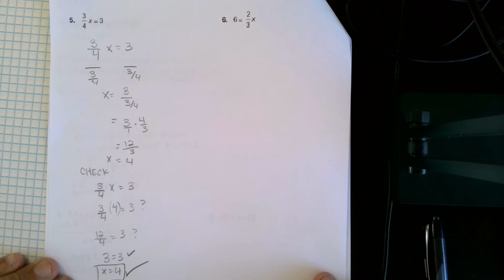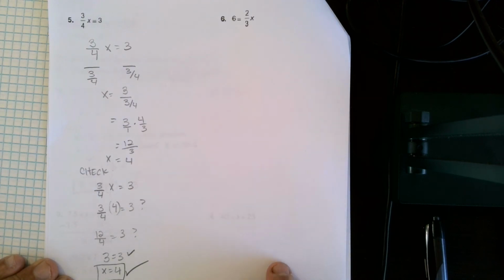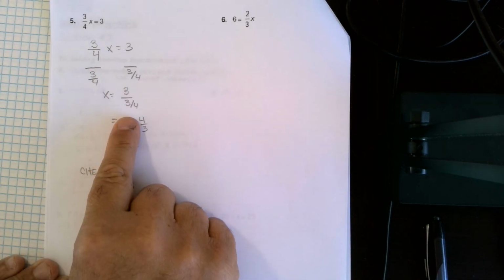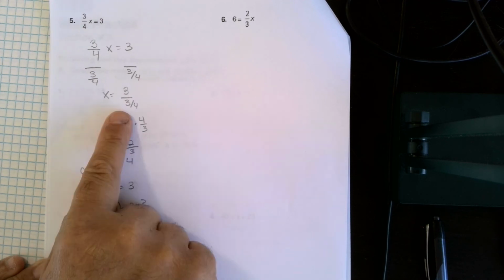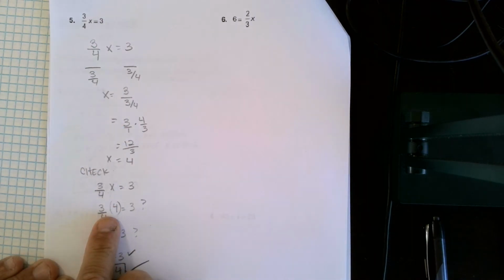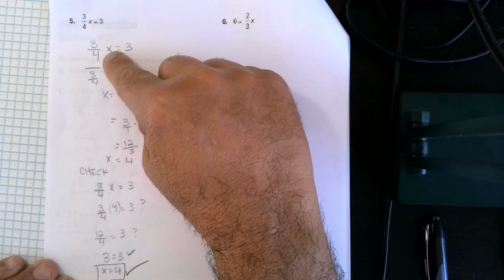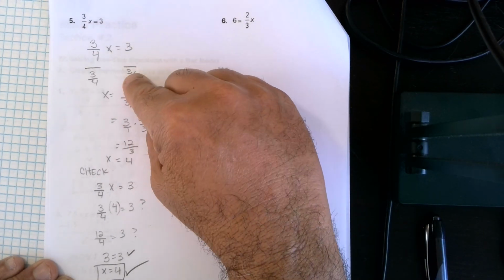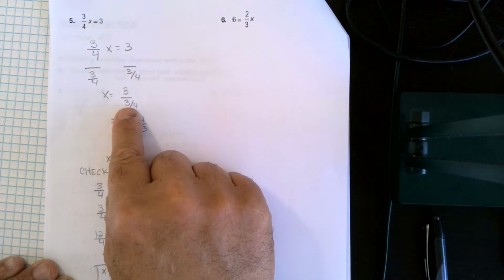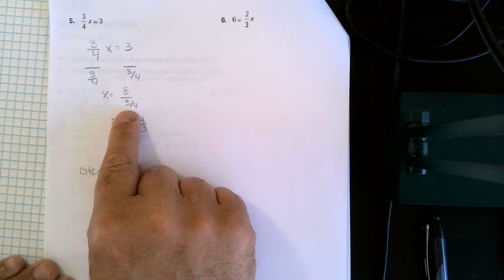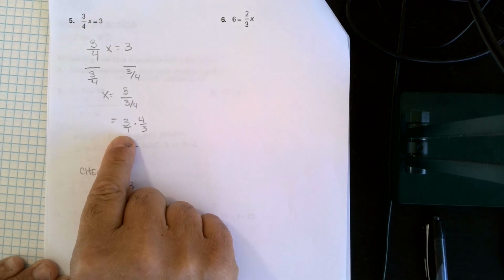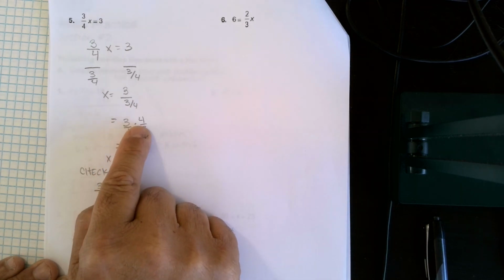Okay, there's all the work, okay? I'm dividing through by the 3/4, okay? So just follow along. This is division going on here. This 3/4 is multiplying against x here, so I have to divide it, turns it into a 1, and that gives me 3 divided by 3/4, which is the same as 3 times 4 over 3.